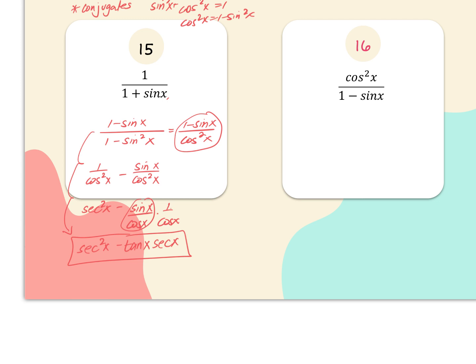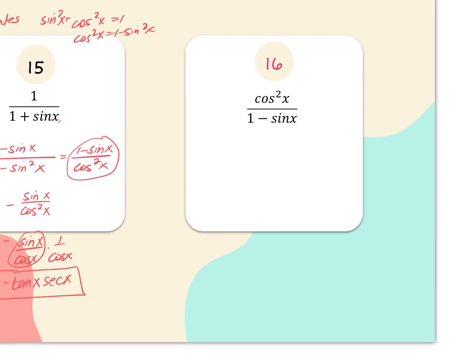And we'll do one more. When I start this one out, it doesn't really jump out at me. So I look at this one and I could maybe multiply by the conjugate, which is very helpful. So I'm going to multiply top and bottom by the conjugate, which is 1 plus sine of x.